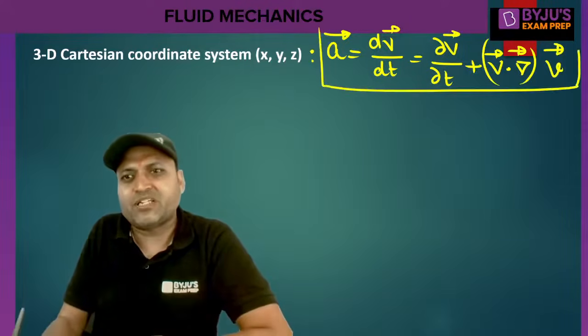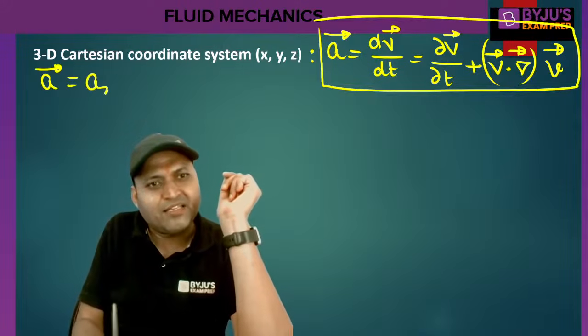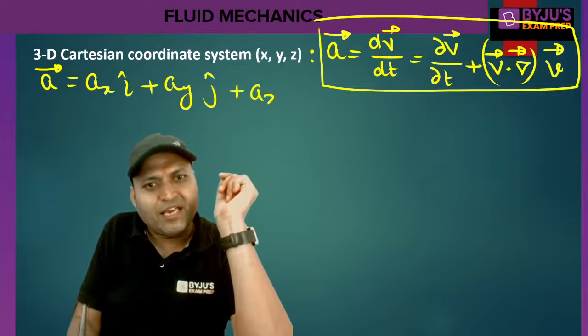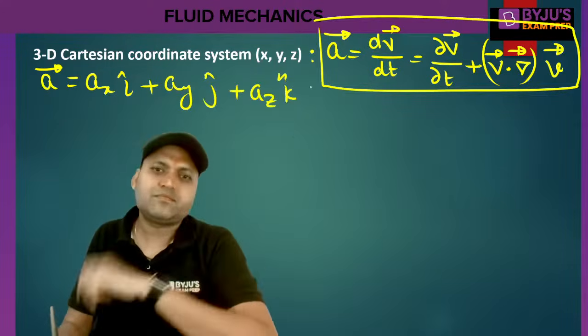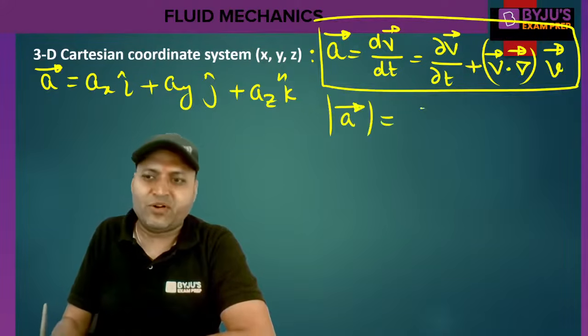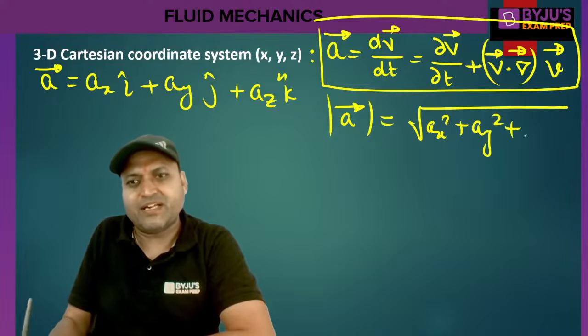That is the expression for acceleration, or we can write the acceleration vector as ax i cap plus ay j cap plus az k cap. Magnitude of acceleration will be equal to under root of ax square plus ay square plus az square.